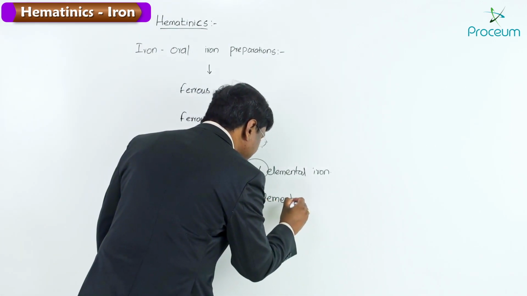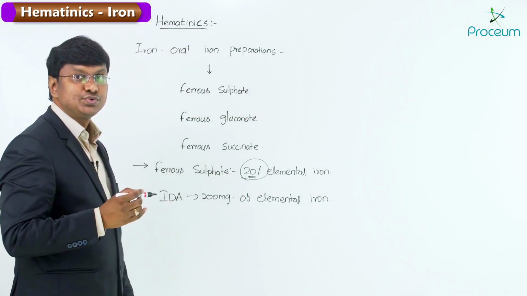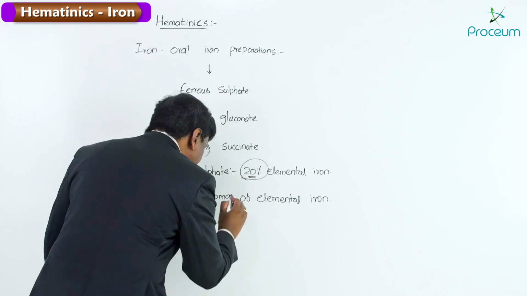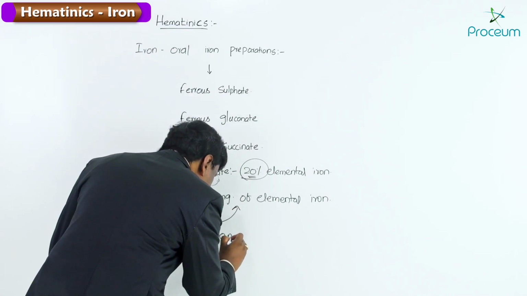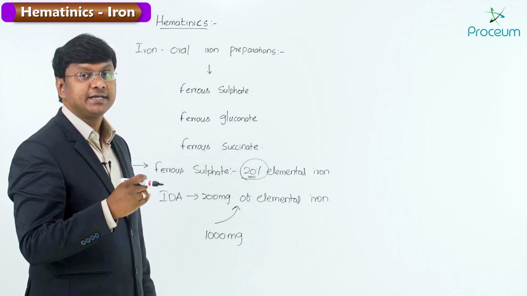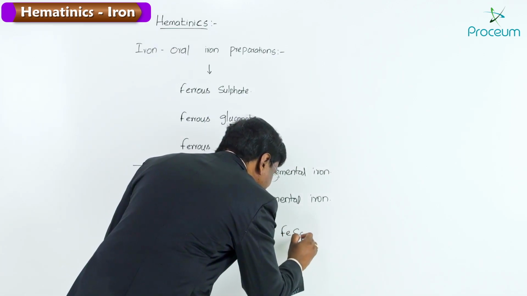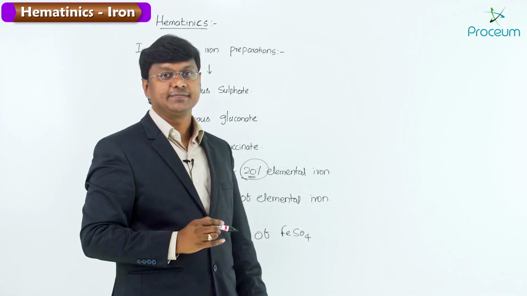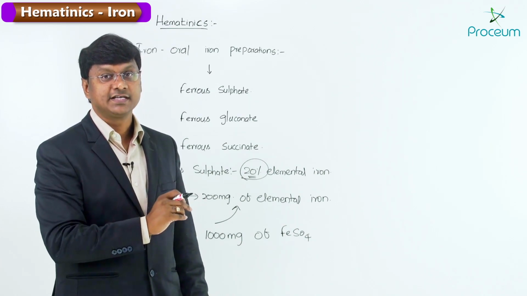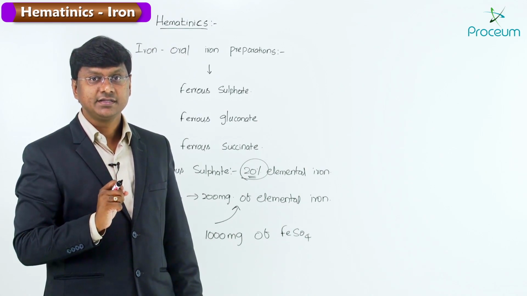So in order to obtain 200 milligrams of the elemental iron, it is obtained by giving 1000 milligrams of the ferrous sulfate, and this ferrous sulfate is divided in 3 doses.